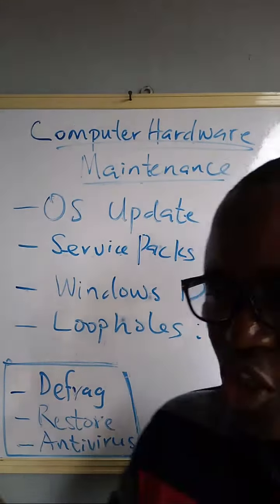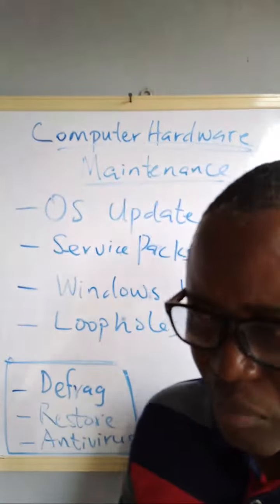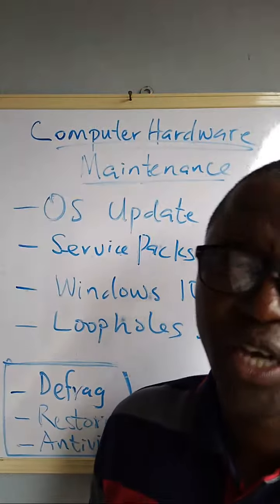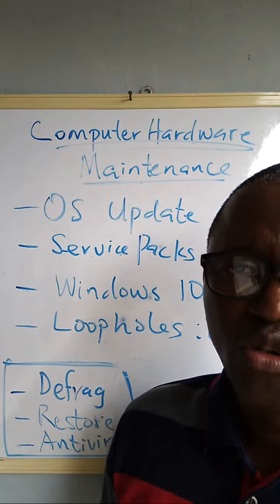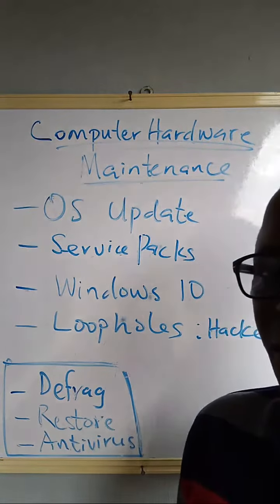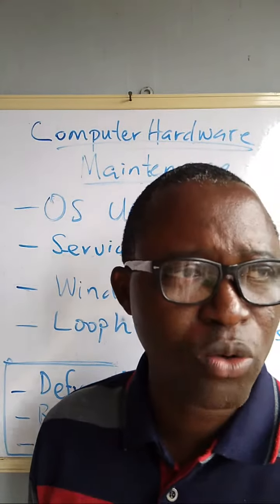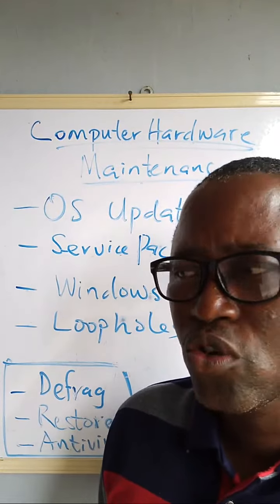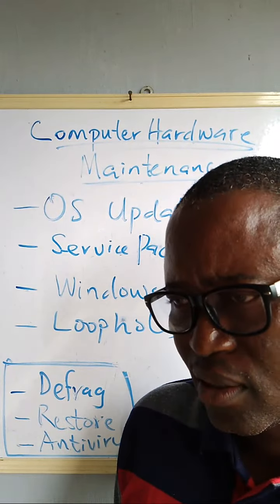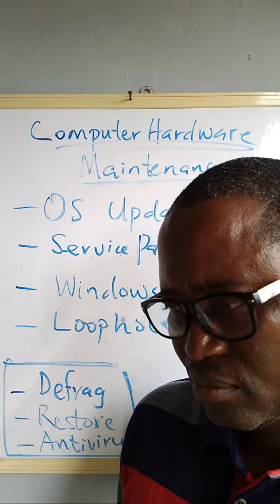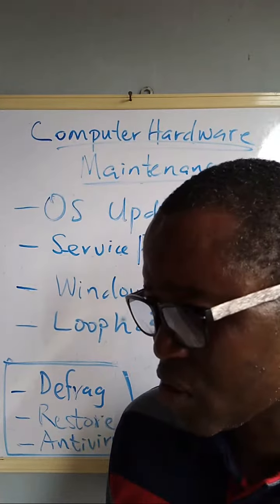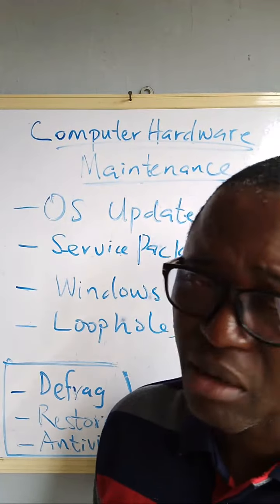Could it be a software issue, hardware problem, networking, or a combination of any of these? You must be able to detect that, so you'll be able to figure out how to solve it. So what you do is to ask the owner, the customer, some questions that will help you figure out what the problem is, where the problem is coming from.